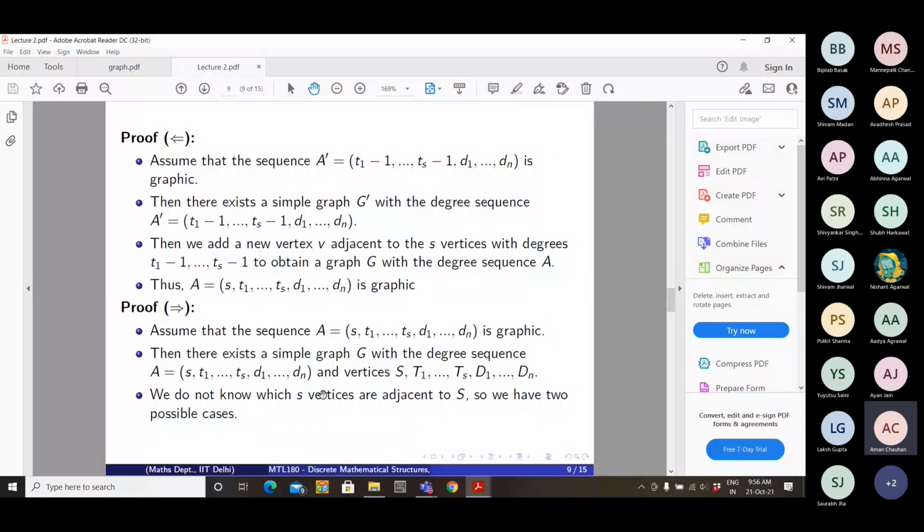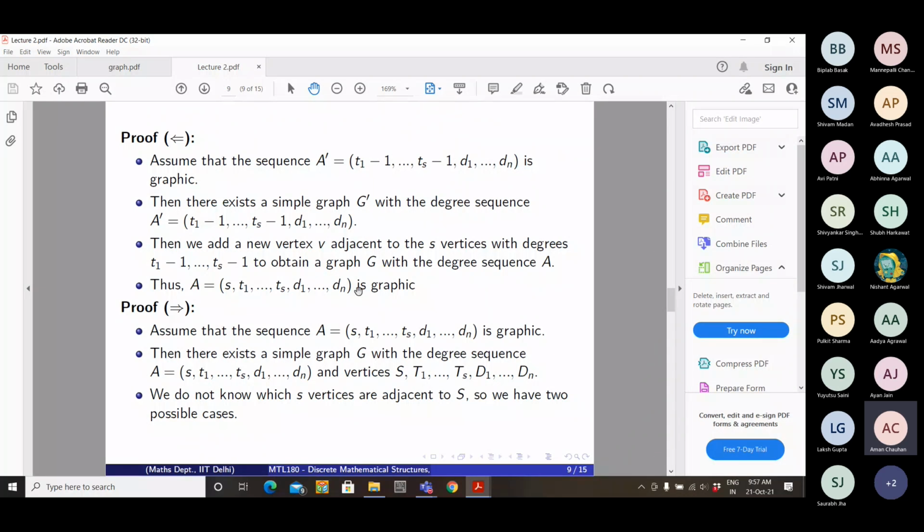We are left with a graph G dash with vertices T1, T2 up to Ts and D1, D2 up to Dn, where the degree of T1 will be t1 minus 1, the degree of T2 will be t2 minus 1, and so on. The degree of Ts will be ts minus 1, and the degrees of the remaining vertices are the same. So we have a graph with degree sequence A dash, so A dash is graphic.